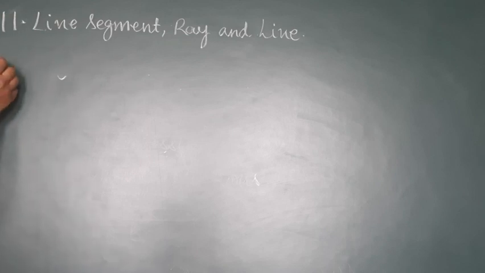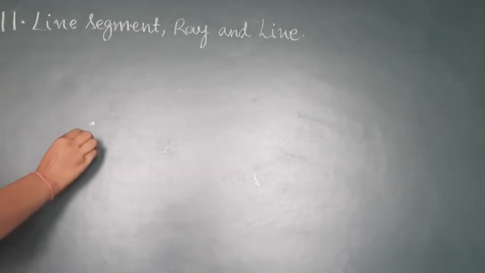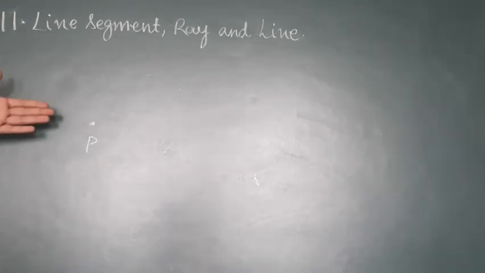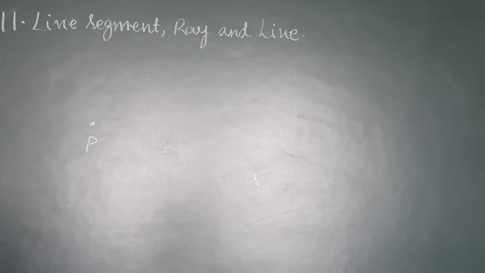A line extends endlessly in both directions. Now I want to ask one question from all of you. If I place one point over here, that is P, how many lines can pass through this point? You have to answer in the comment section.